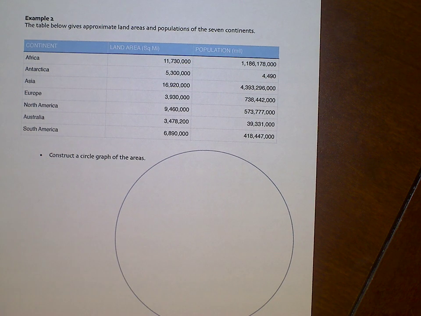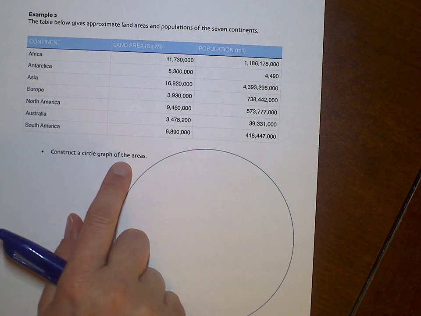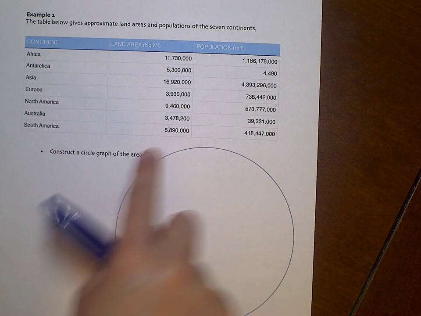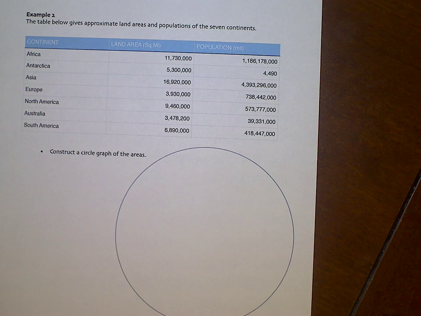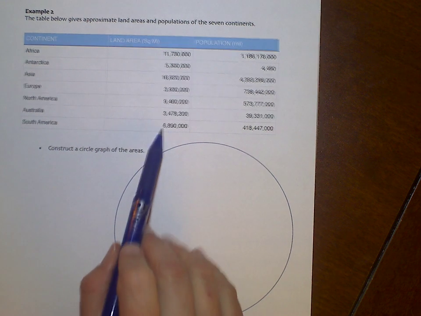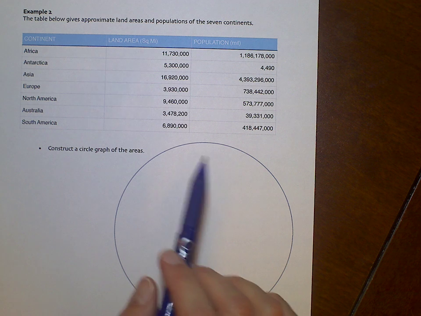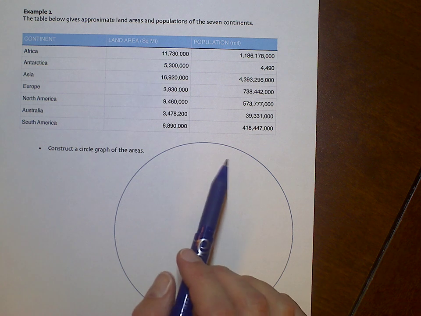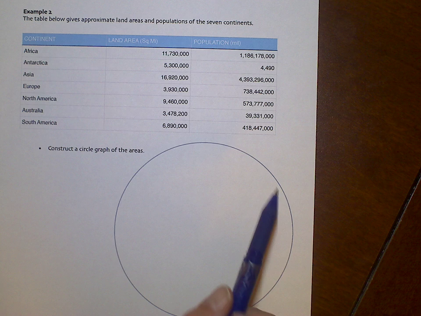So we are looking at the different continents and their land areas. I know it gives us population and land area, so we could do some population density and stuff like that, but we're just focused on the areas right now. So to construct a circle graph, what I really need to do is think in terms of percentages.